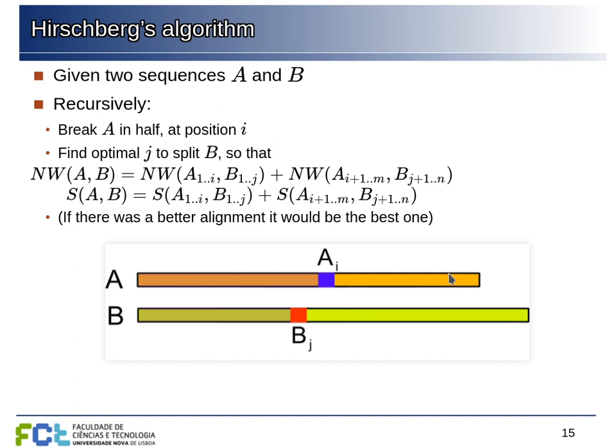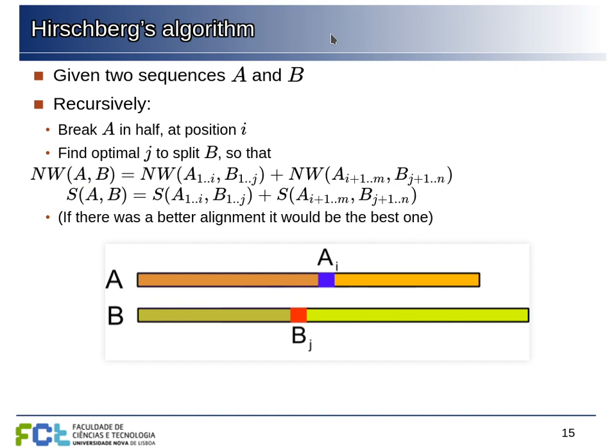So the optimal alignment would not be the one we thought, there would be a better one. So if this alignment is the best between the two sequences, then there is this breakpoint where we have these best alignments before and after, and the sum will give us the score of the best global alignment.